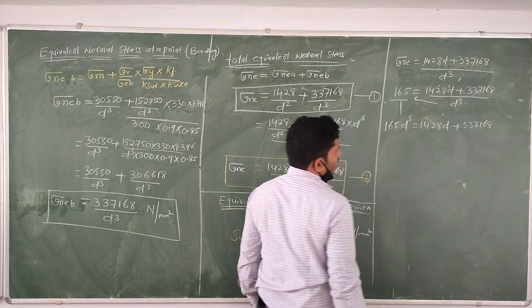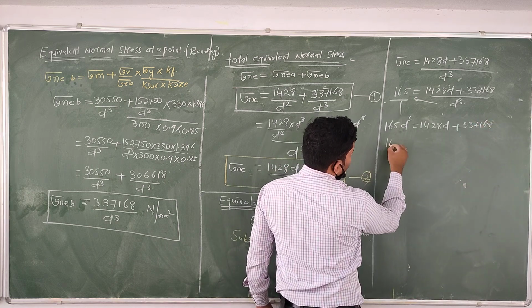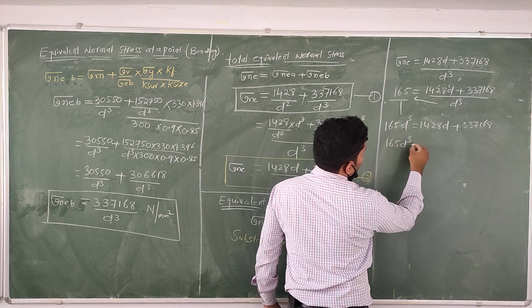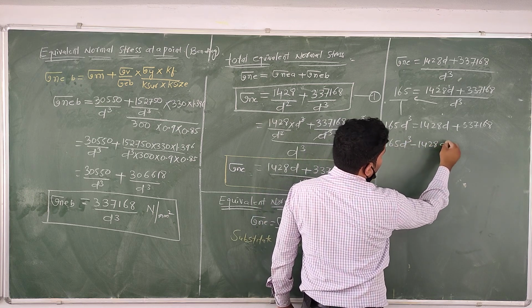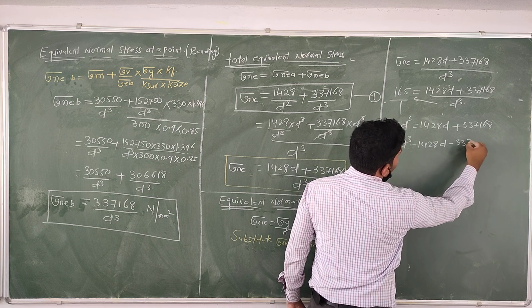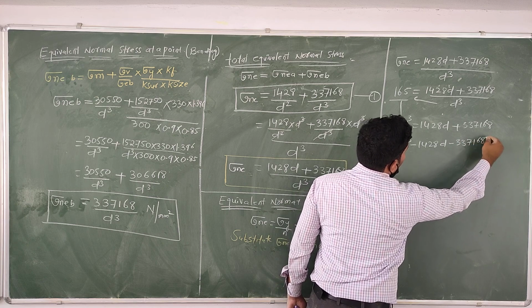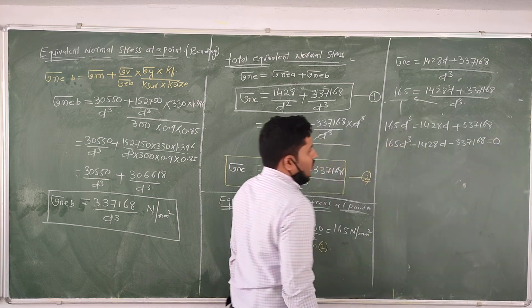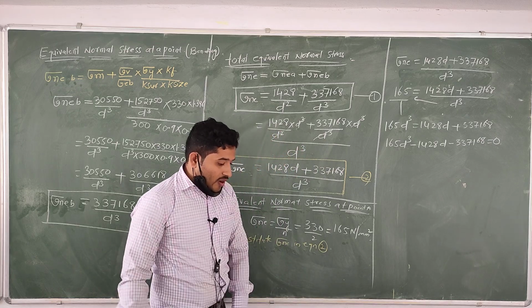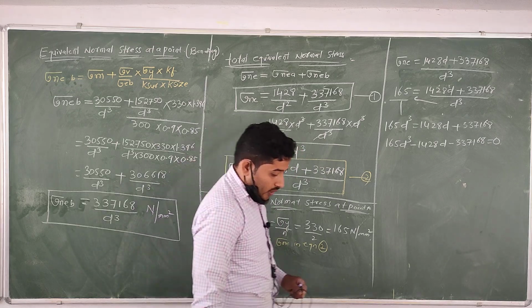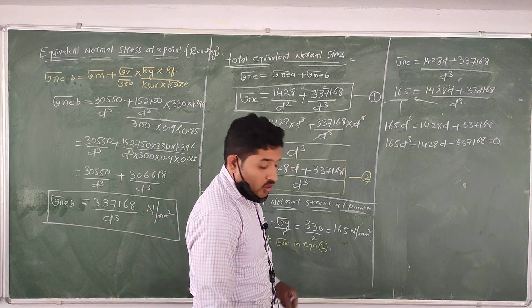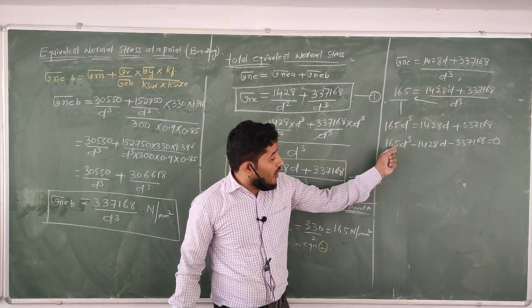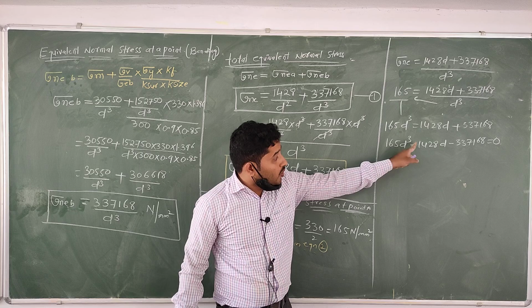Okay dear, again 165D cube minus 1428D minus 337168 equal to 0. Then which formula do we have to use here? 165D cube, here the square term is not given.